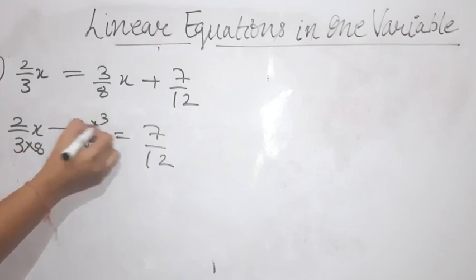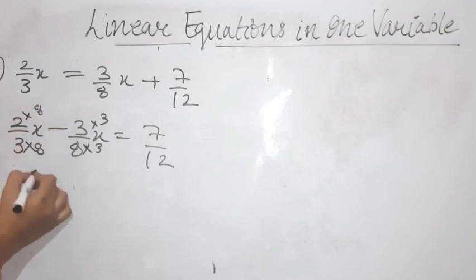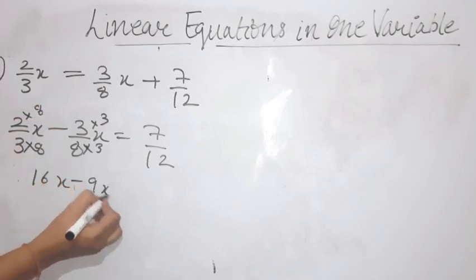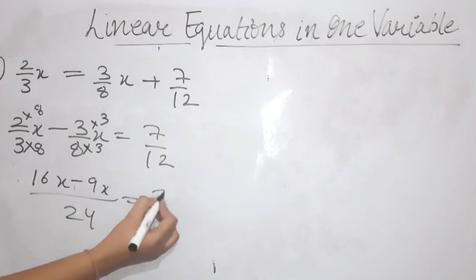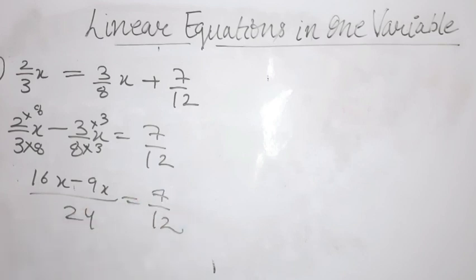So taking the LCM, now it will be 16x minus 9x upon 24 is equal to 7 upon 12. And 16 minus 9 is 7x upon 24 is equal to 7 upon 12.